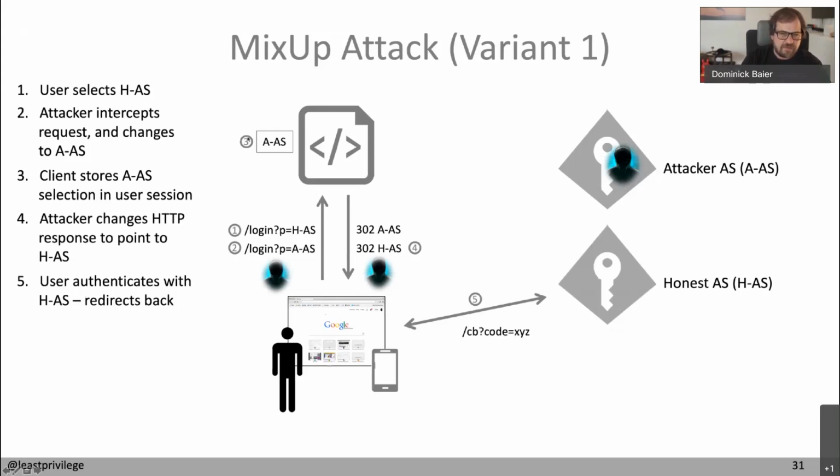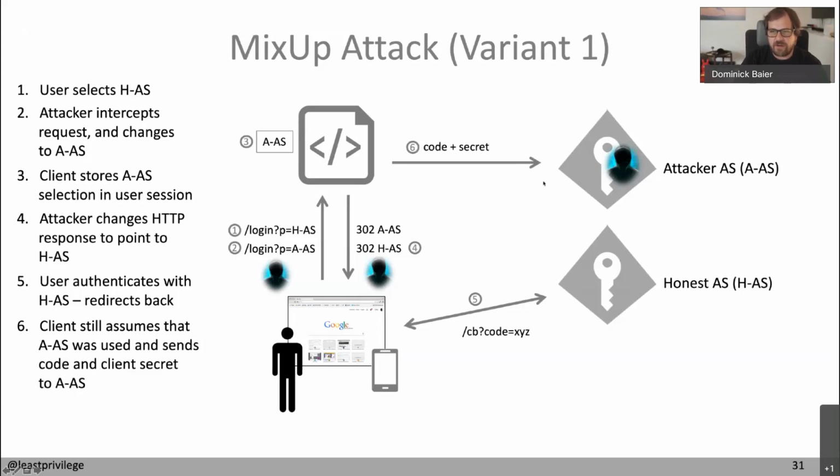The client still thinks that the attacker AS was selected, so he will happily send his code and his secret and so on to the wrong authorization server. So all the attacker AS now needs to do is take that client ID, secret, and code, and he will be able to get the access tokens. Okay, so that is what we call a mix-up attack, basically because the client mixes up the two authorization servers.